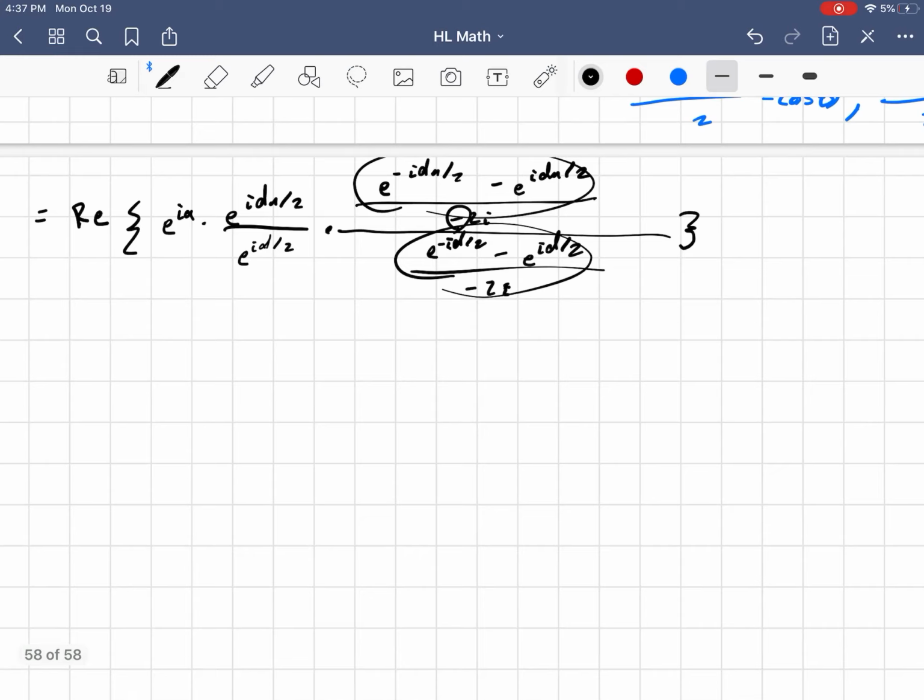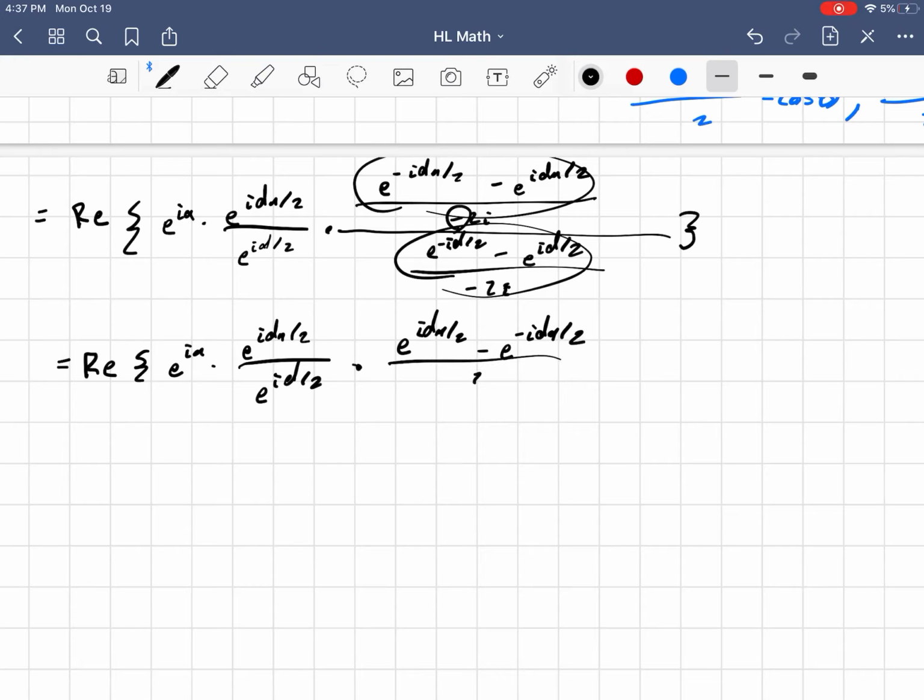So in other words, I'll get the real part, and still e to the ia, e to the idn over 2 over e to the id over 2 times, now we're going to have e to the positive idn over 2 minus e to the negative idn over 2 over 2i, over e to the id over 2 minus e to the negative id over 2 over 2i.